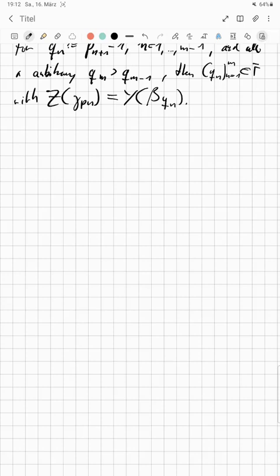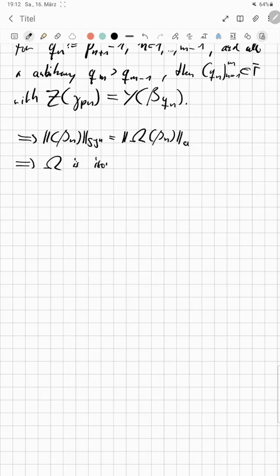So we conclude that the norm of beta n in Sj norm is the same as the norm of gamma n, which is just omega of beta n in the A norm, so in James space. So now we have an isometric isomorphism. This is an esom.